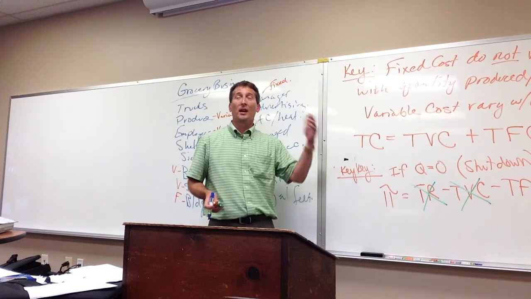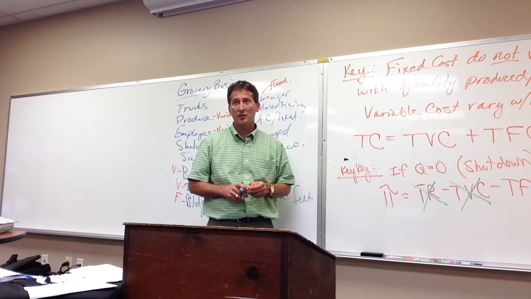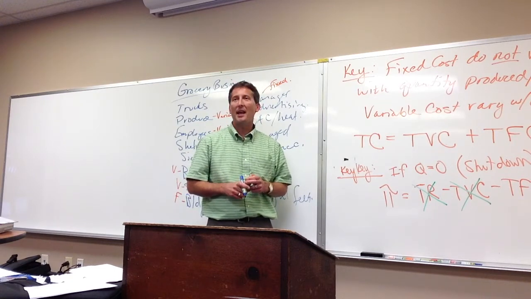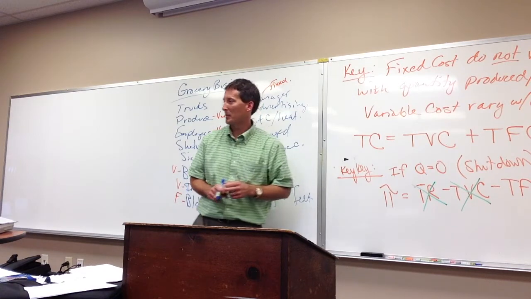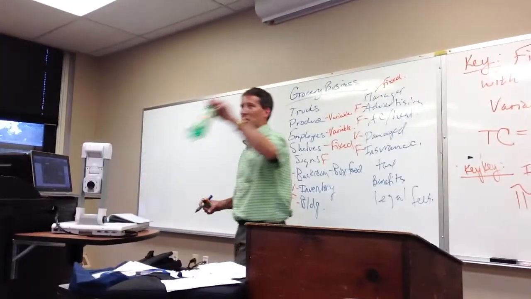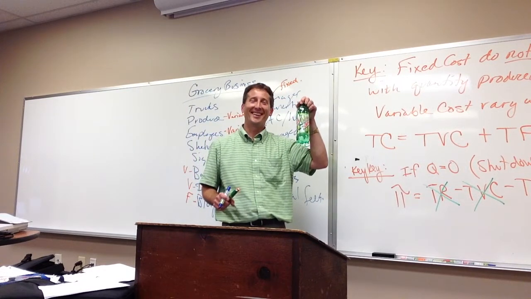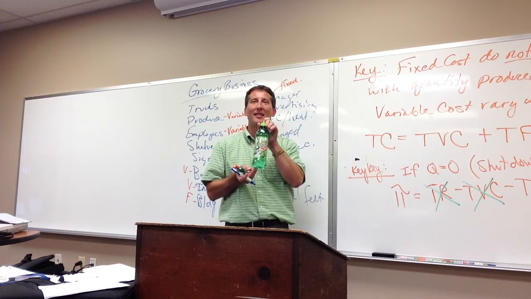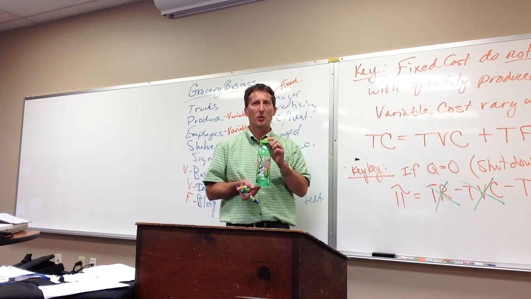If my total cost of production was $100,000 and I produced 10,000 units of whatever I'm producing, bottles of soda, cases of soda, $100,000, and I produced 10,000 of these babies, what's the average total cost?